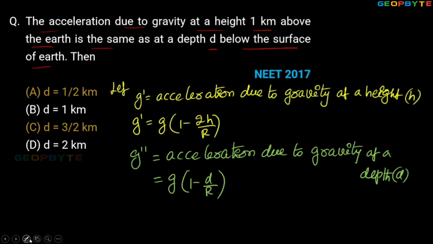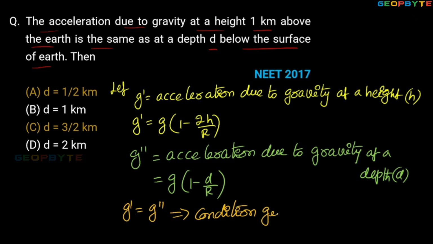But it is given that acceleration due to gravity at a height g dash equal to acceleration due to gravity at a depth d. That means g dash equal to g double dash. This is the condition given. Okay. Now let us take another slide. Here g dash equal to g double dash.